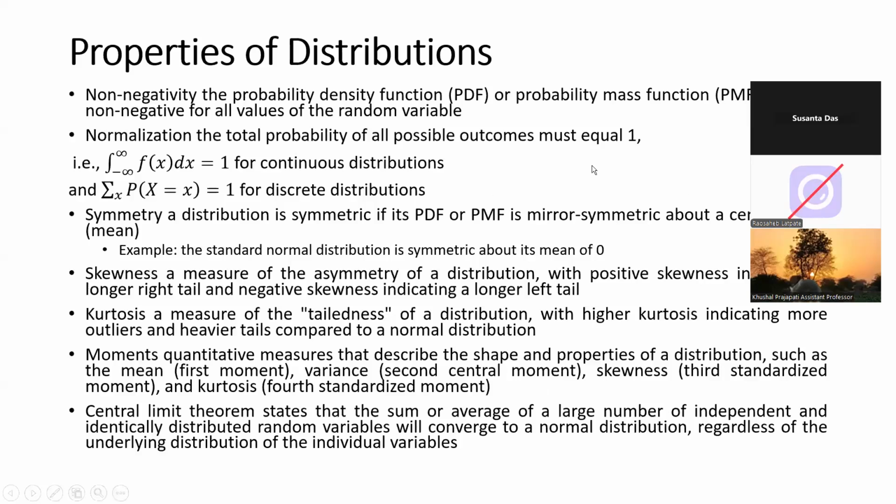Now the properties of the distributions. First, non-negativity of the probability density or probability mass function. Probability is always between 0 and 1. If we normalize it and integrate over the full range, the integral is always 1.